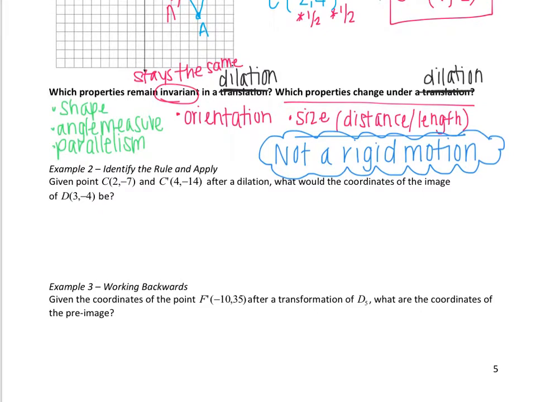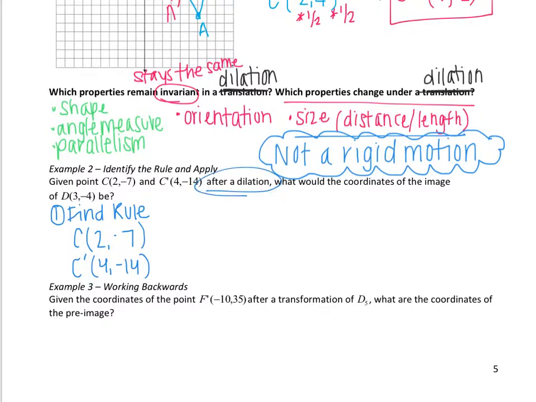Example 2 says that we are given point C and point C prime after a dilation. We're asked what the coordinates of the image of D at 3, -4 would be. So our first step is to find the rule. How do I go from C at 2, -7 to C prime at 4, -14?